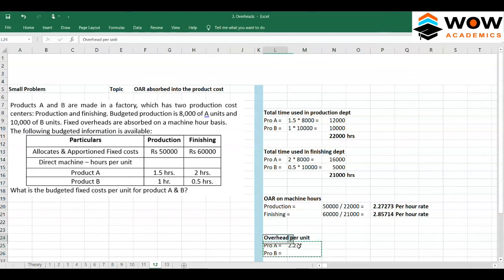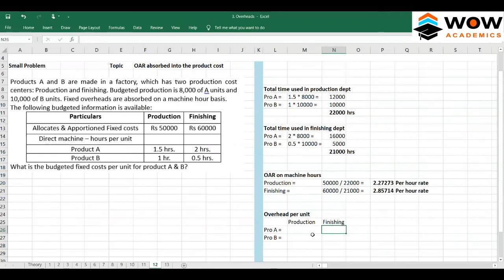I think that would be much better. Right, so product A spends, we'll first put the amount. Per hour it is 2.27 in production department and the total time it spends in production department is 1.5 hours.